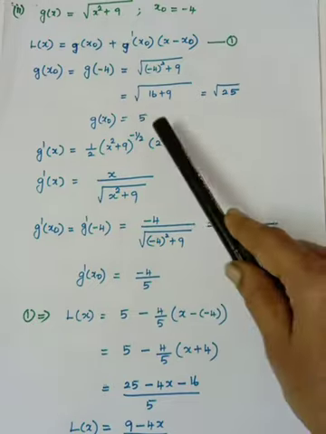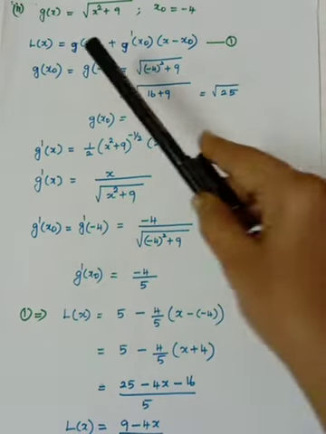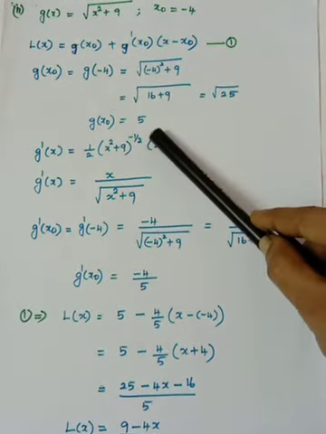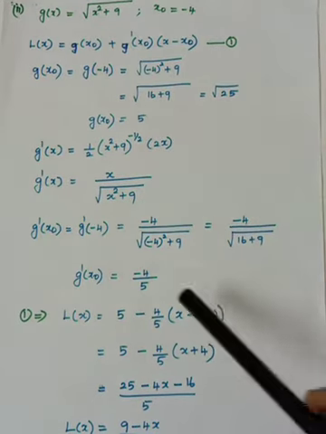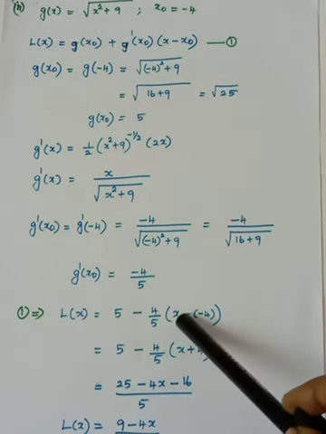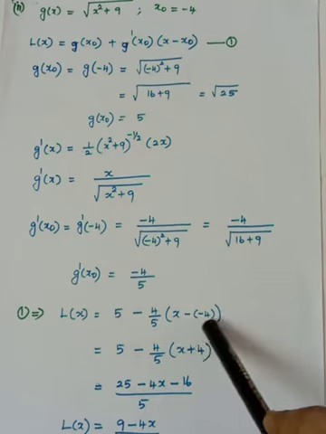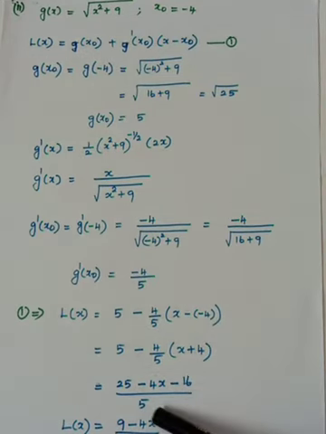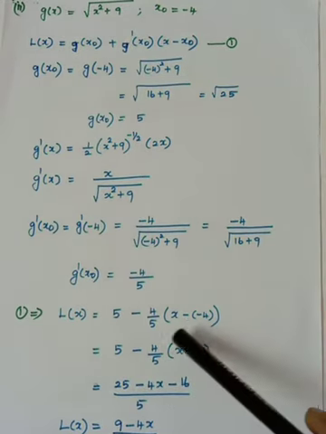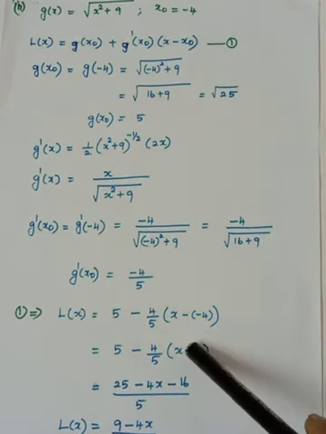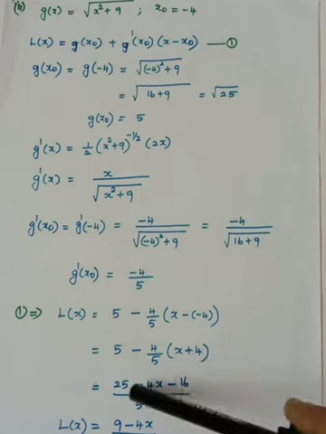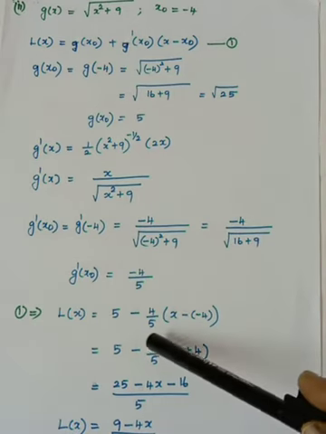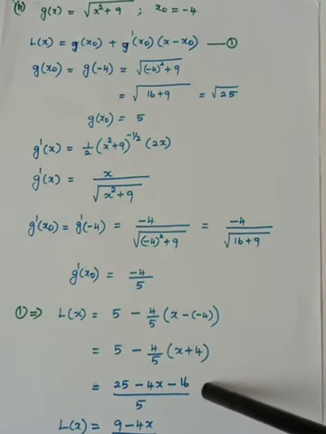After finding these two terms, you have to substitute in the formula. g of x naught is 5, and g dash of x naught is minus 4 by 5 into x minus x naught. So x minus x naught is what? Minus 4, so it will become plus 4. If you take LCM, LCM is 5. So 5 fives are 25, and minus 4 multiplied with these two terms: minus 4 into x is minus 4x, minus 4 into plus 4 is minus 16.